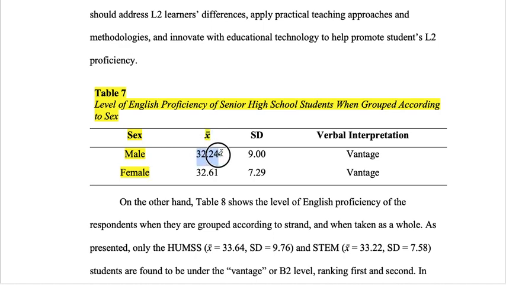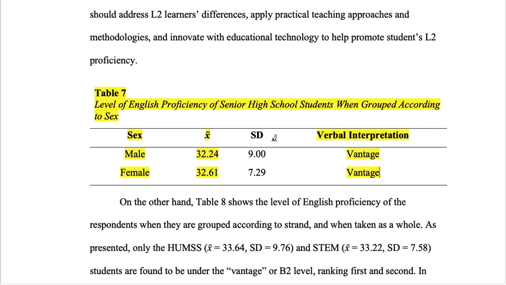So 32.24, 32.61. And then class, the same as what you will do during the examination, you are to provide categories, the mean, and the verbal interpretation. For example, the verbal interpretation is vantage. So SD here represents the standard deviation.